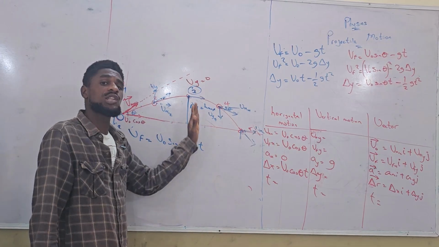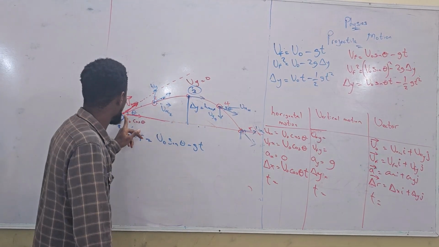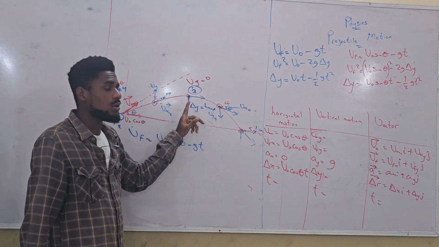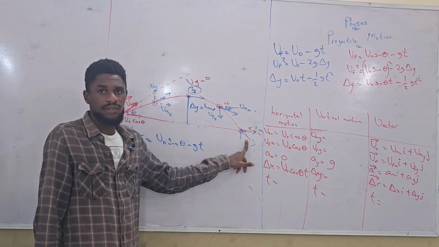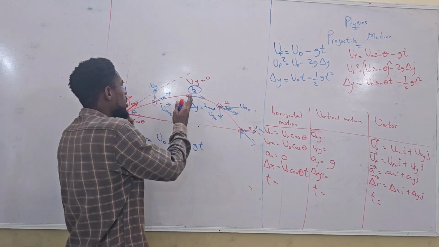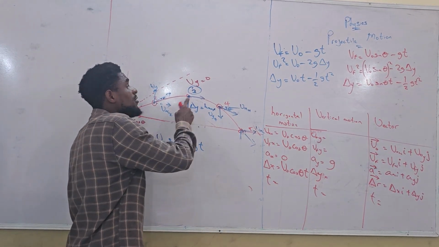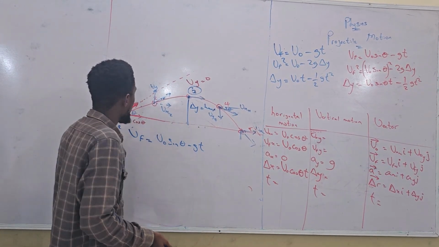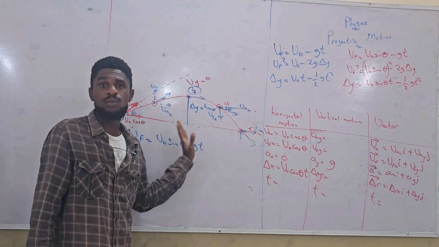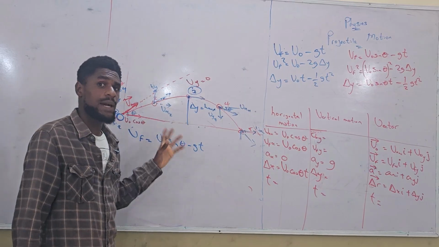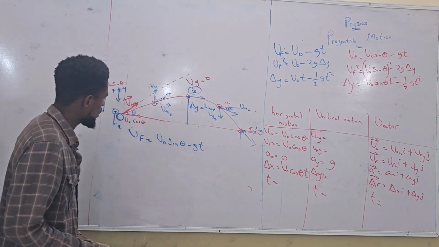And from our definition of something symmetrical, the time it will take me to move from point 1 to point 3 will definitely be the same time it takes me to move from point 3 to point 5. So if I can know from point 1 to point 3, that's the time of flight to maximum height. If I want to know the time of flight for the whole course of the motion, then I'll simply multiply it by 2. Okay, so let's move on.